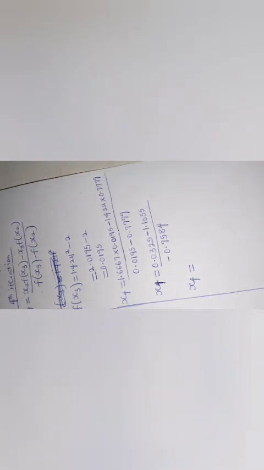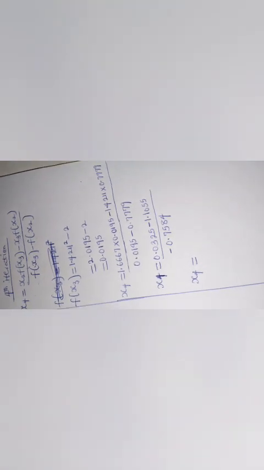Such that our x4, if we deduct this, we are going to have 0.0325 minus 1.1055. We are going to have minus 1.073 divided by minus 0.7584.